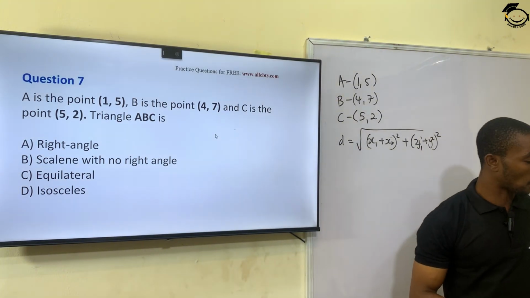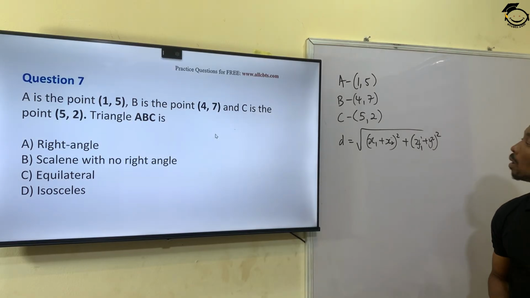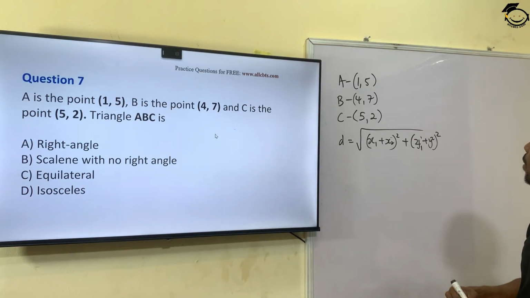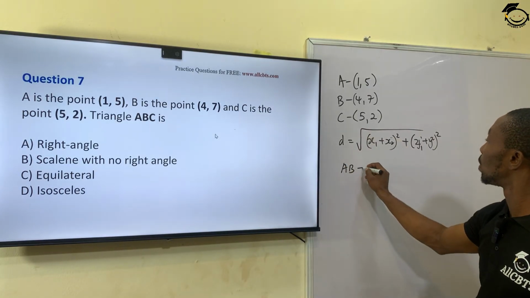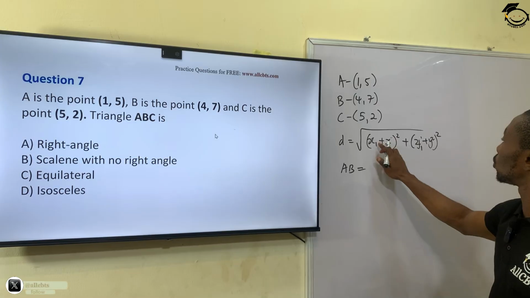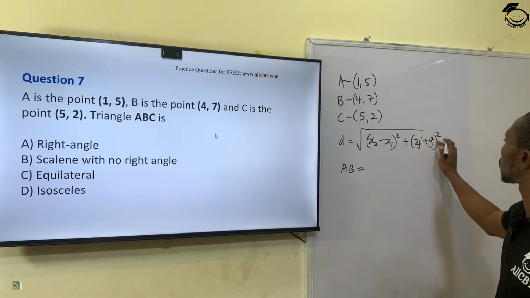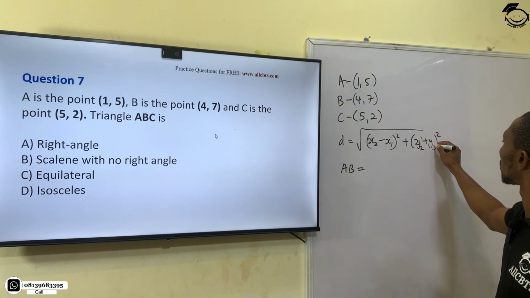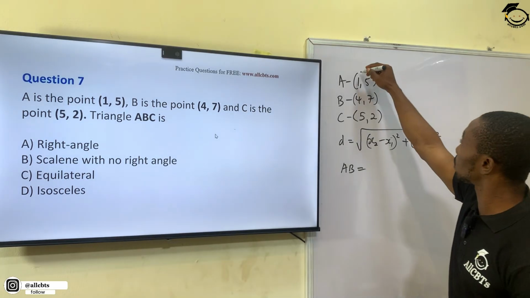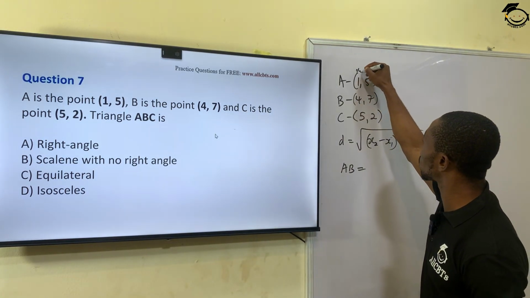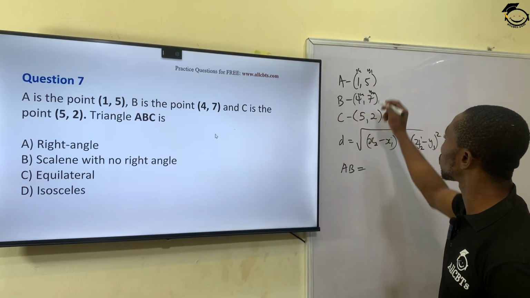Now for us to do this, we have to find AB. This should be x2 minus x1 all squared plus y2 minus y1 all squared. This will be our x1, y1, x2, y2.